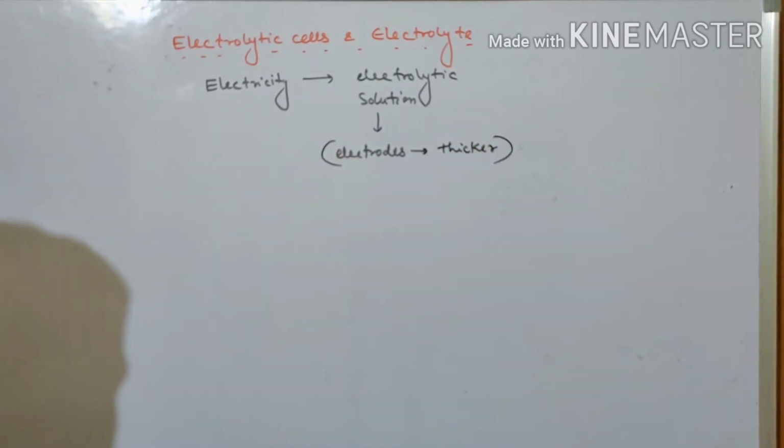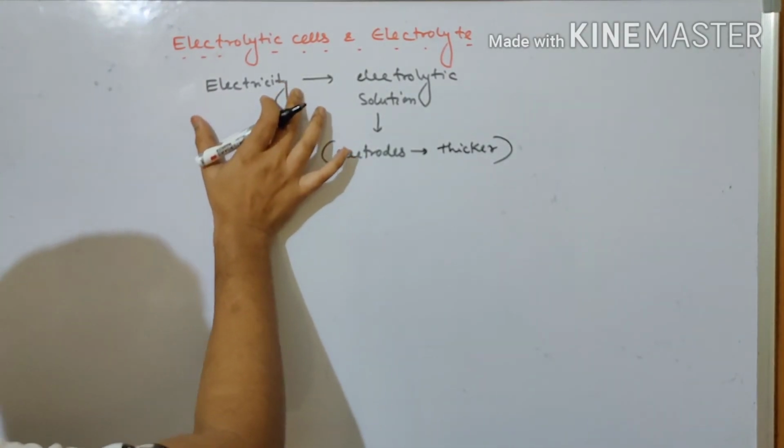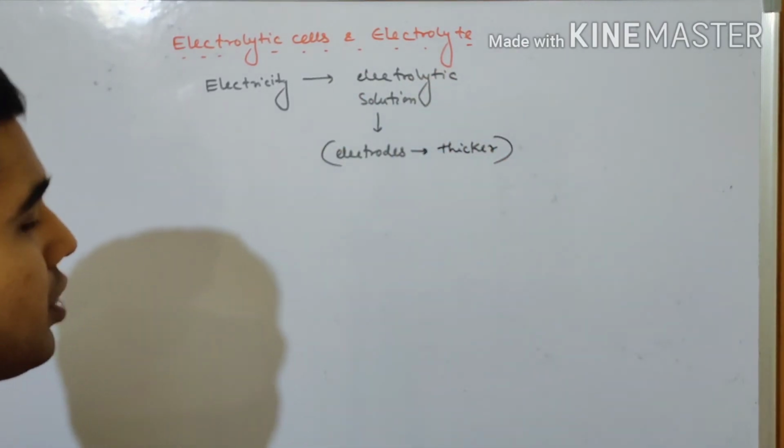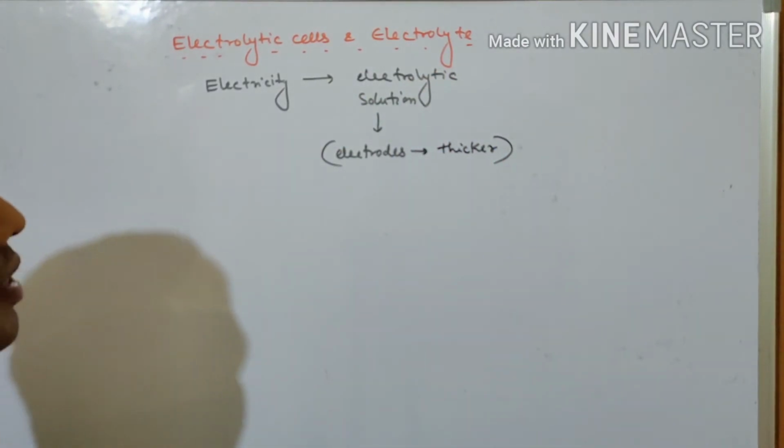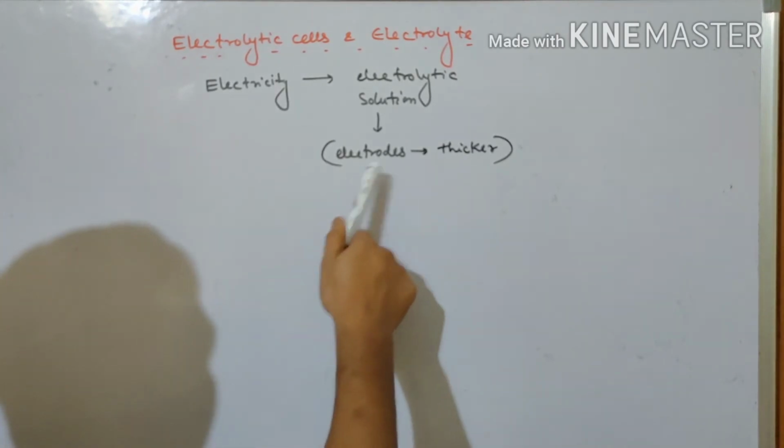Carefully listen, whenever a quantity of electricity is passed through electrolytic solution, then the electrolytic solution undergoes a chemical change. And that chemical change makes the electrodes become thicker.